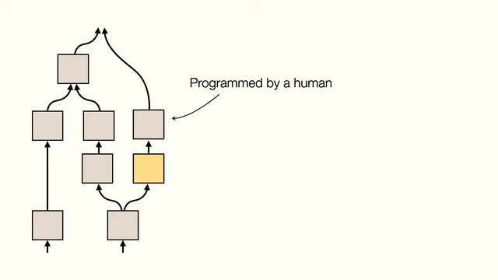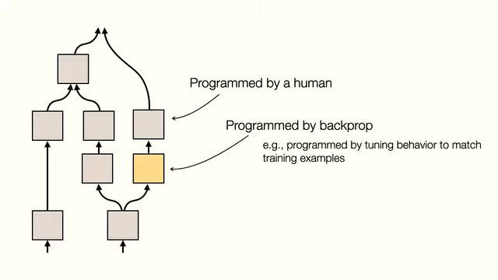This is something that we just define. We don't learn what those normalization values should be. And then there are these other components where this part is actually programmed by backpropagation. So for example, programmed by tuning the behavior to match the training examples.